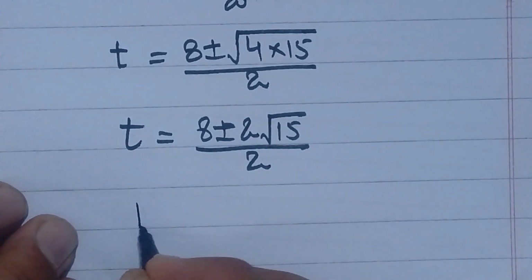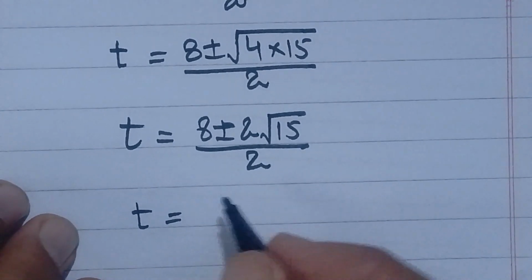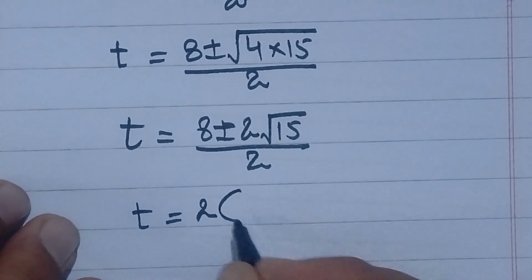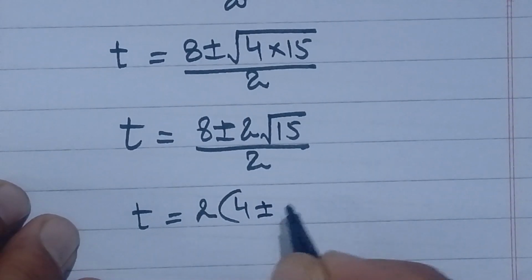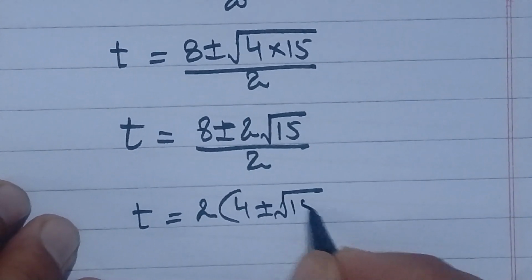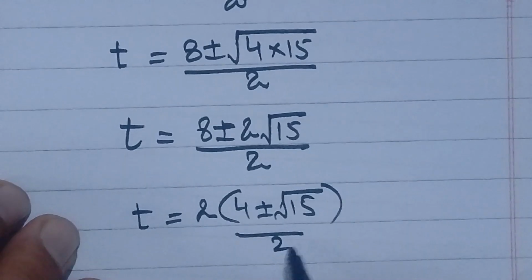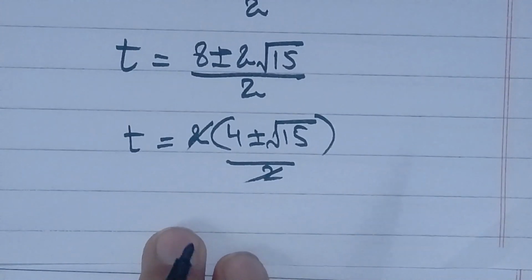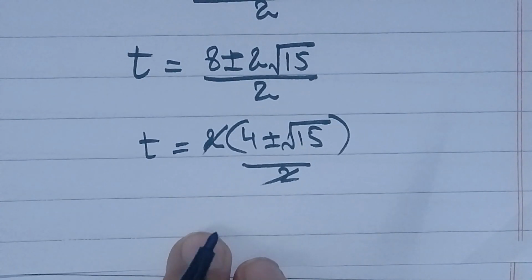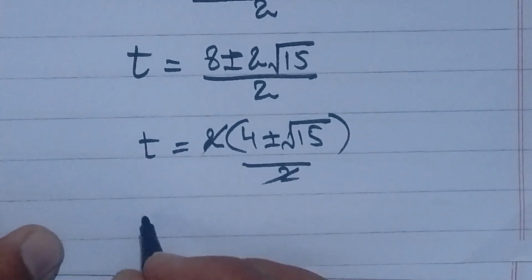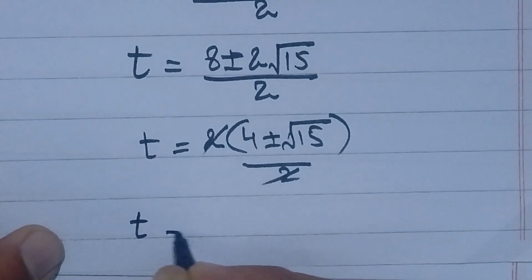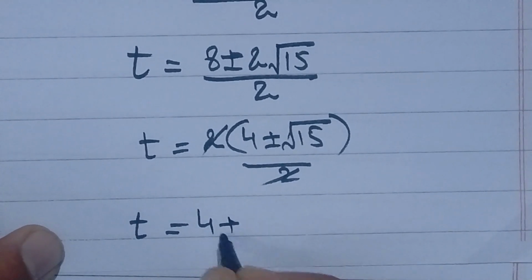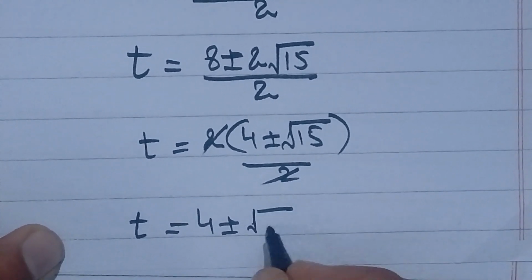Now t is equal to 2 common, 4 plus minus under root 15 over 2. These 2 are cancelled. Now t is equal to 4 plus minus under root 15.